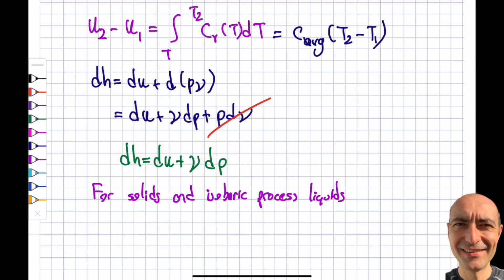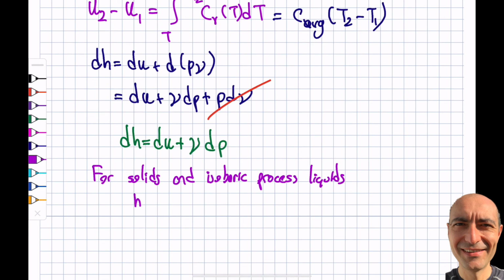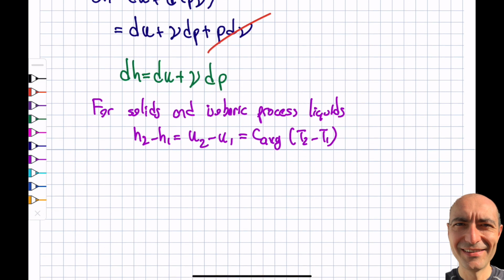Okay, so in this particular case, you're going to get h2 minus h1 is equal to u2 minus u1, which will be equal to C average times T2 minus T1. I don't have to differentiate anymore. I simply copy pasted this over here. Okay, but I can also have a liquid that goes through an isothermal process, which is the temperature constant process.